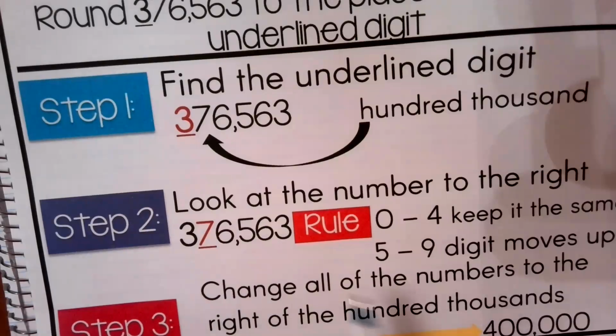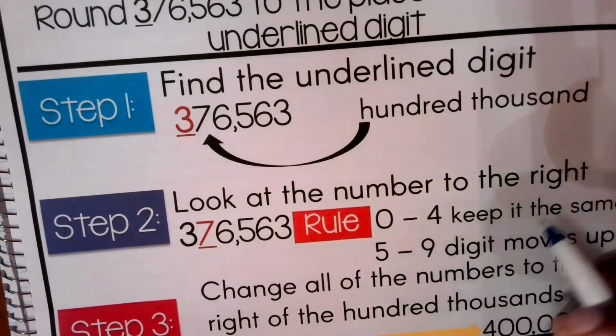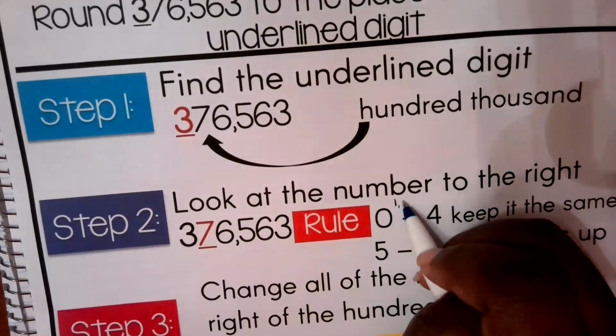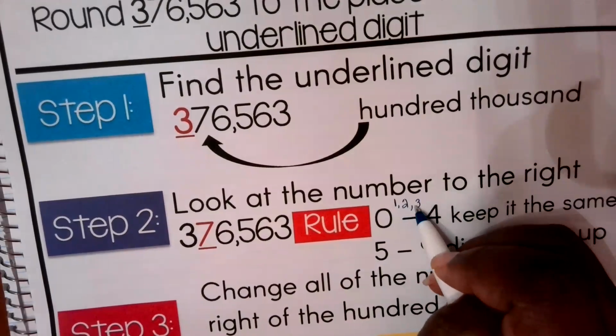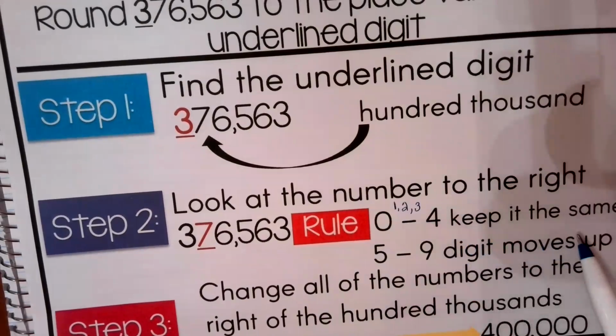So the rule is, if that digit that we circle is between 0 and 4, so that'll be 0, 1, 2, 3, or 4, we're going to keep our underlined number the same.